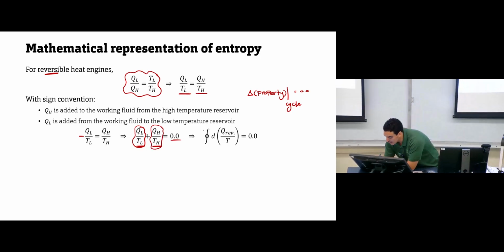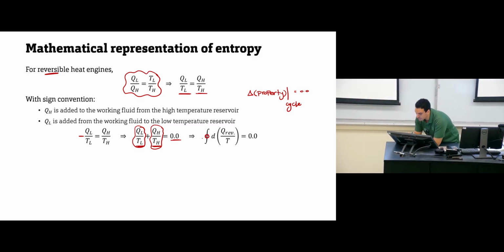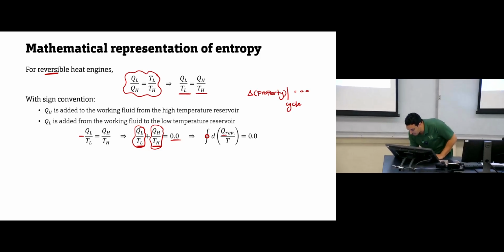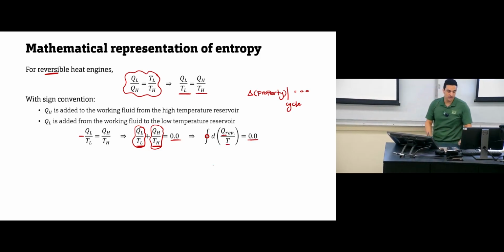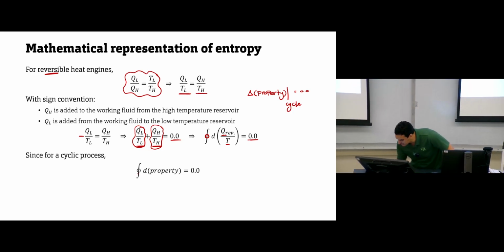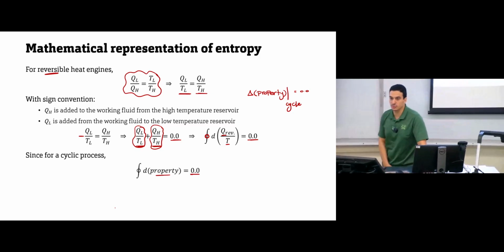Then we can say the integration for the whole cycle, and this circle here means we integrate over the whole cycle. If you integrate the change in Q divided by temperature, this will be equivalent to 0. Again, as we said, the integration of any property over a cycle is equivalent to 0.